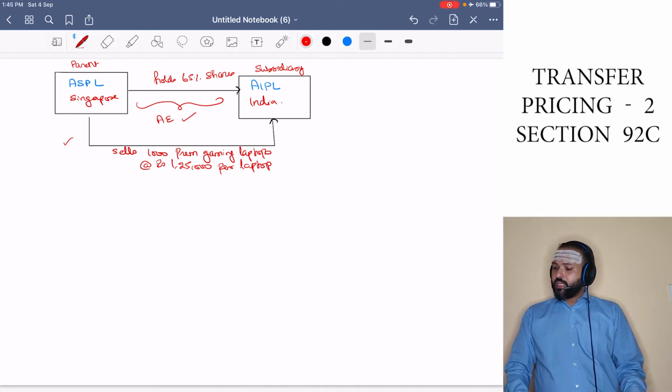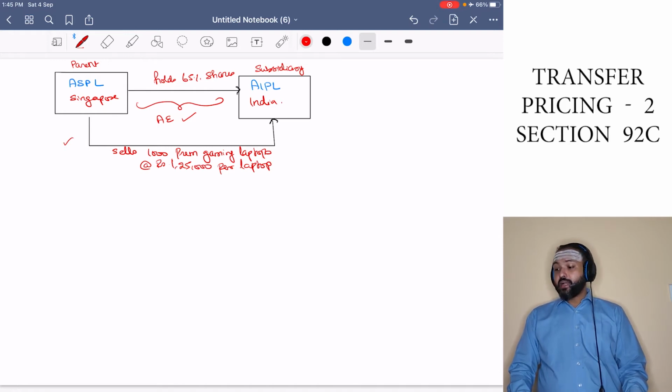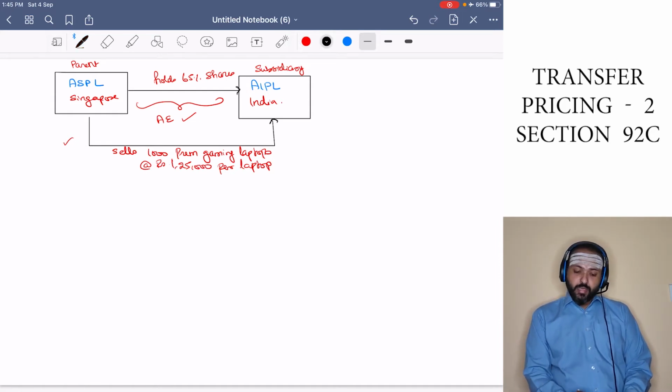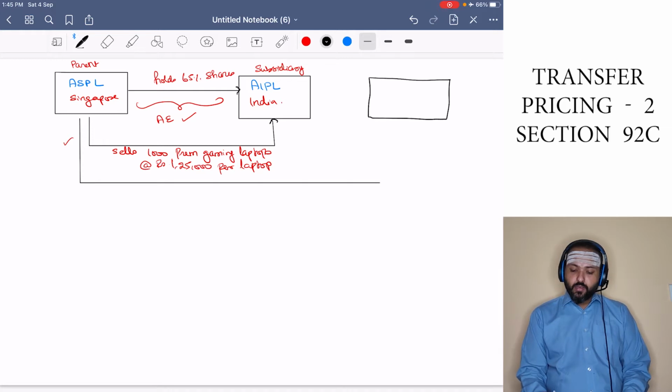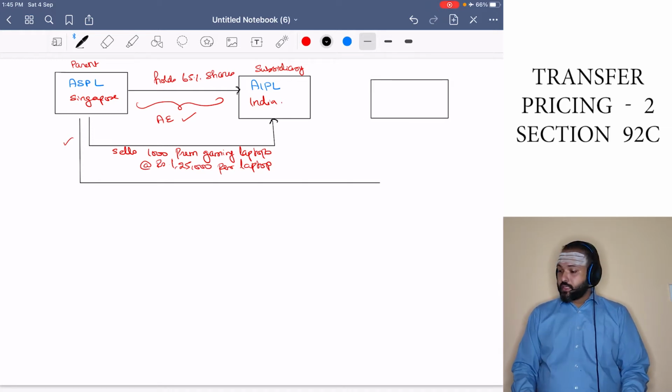Acer Singapore Pte Limited also sells 500 laptops to TAXATION India Private Limited, unrelated, at 1 lakh per laptop. So ASPL does not sell only to AIPL. It also sells to one more party. What is that party? That is TAXATION India Private Limited.